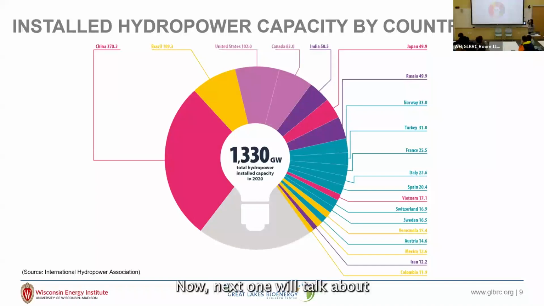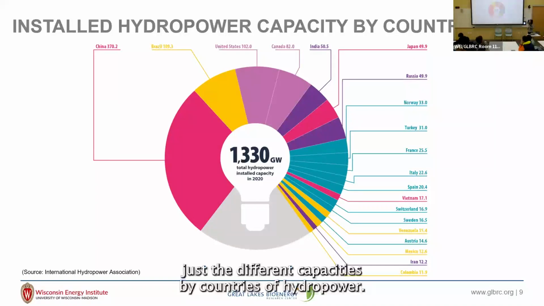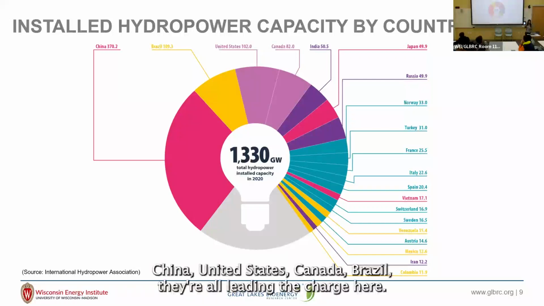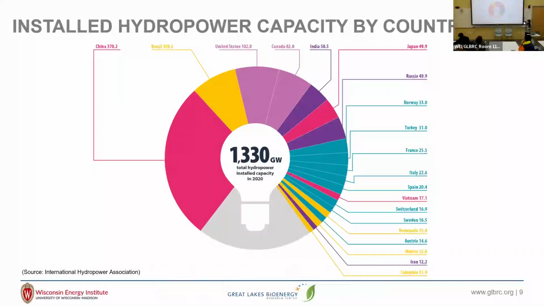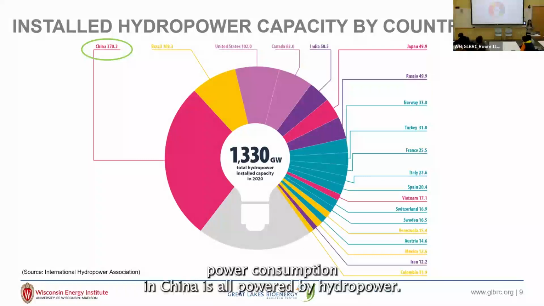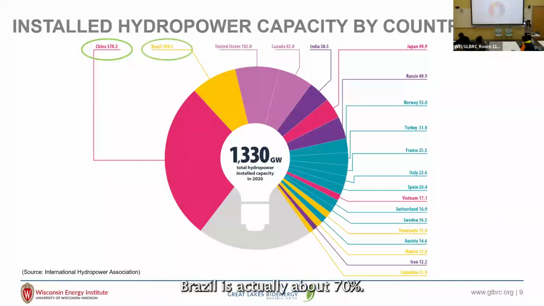Next, we'll talk about the different capacities of hydropower by country. As you can see, China, United States, Canada, Brazil, they're all leading the charge here. And you can see that in China, about 16% of the power consumption is powered by hydropower. Brazil is actually about 70%.